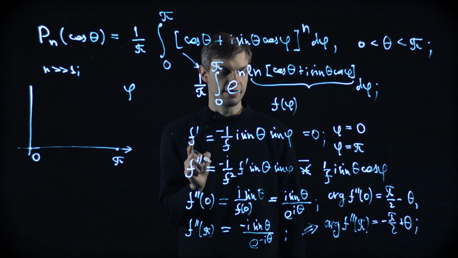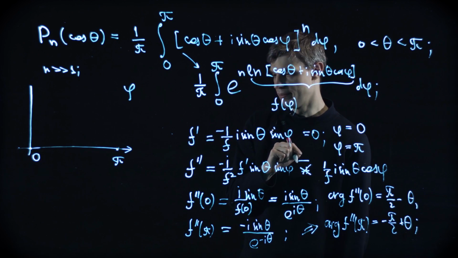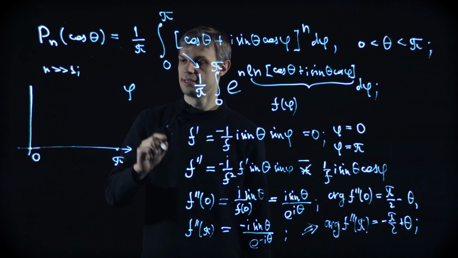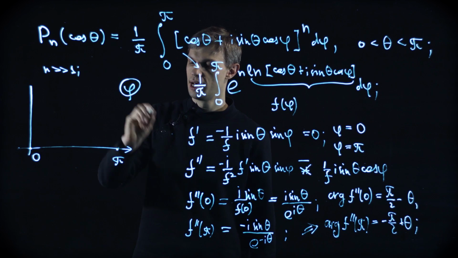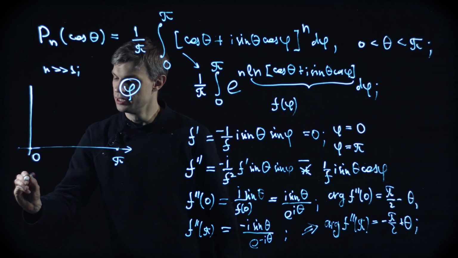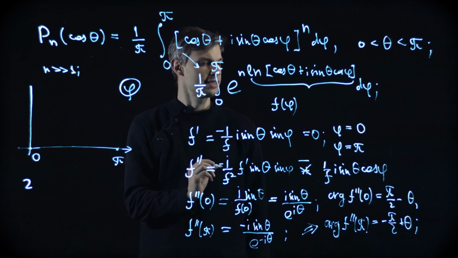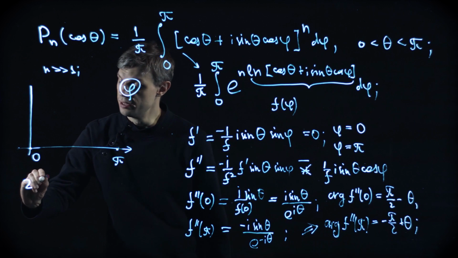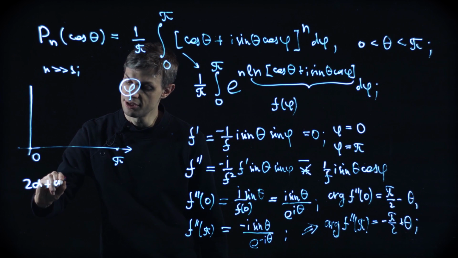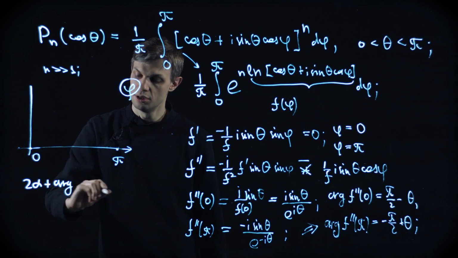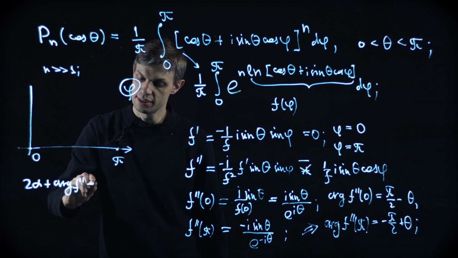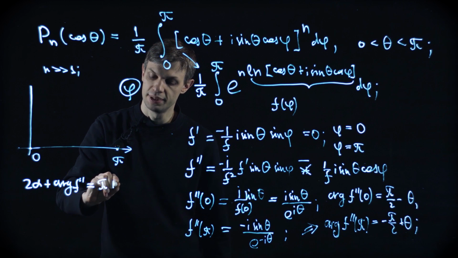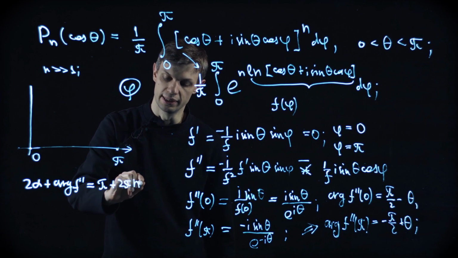We need the conditions for our steepest descent path. As you remember, it's as follows. Let's denote this steepest descent angle as alpha. So 2 alpha plus the argument of f prime prime is equal to pi plus 2 pi n.